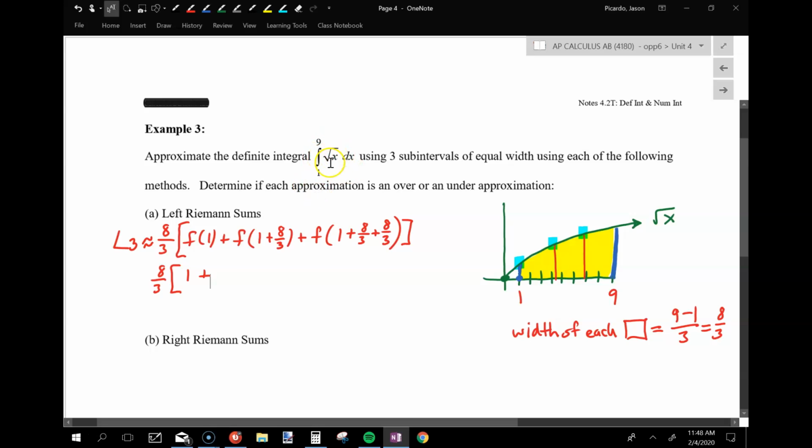I'm plugging it into this, right? So isn't this really just the square root of 11/3? Is that okay? All right, and then what do I do here? I add 8/3 to the next one, right? So what is this going to be? Square root of 19/3.